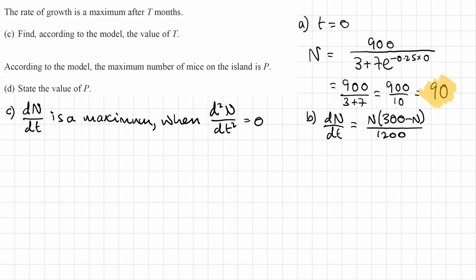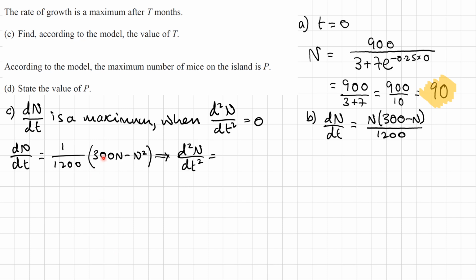So let's write it in a form that's just going to be a little bit easier to differentiate. So dn/dt, write that as 1 over 1200 times by, and we'll expand the brackets here, 300n minus n squared. So that's just basically this written a different way. We'll differentiate that, so d squared n over dt squared.